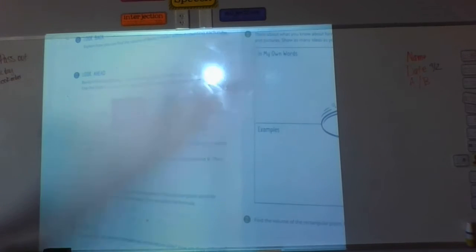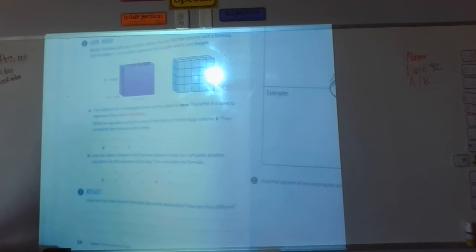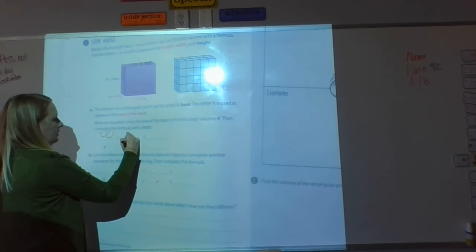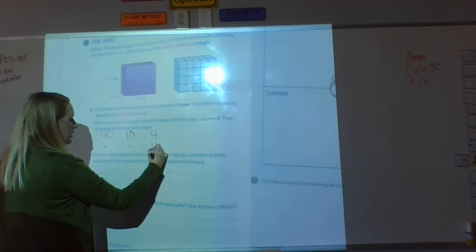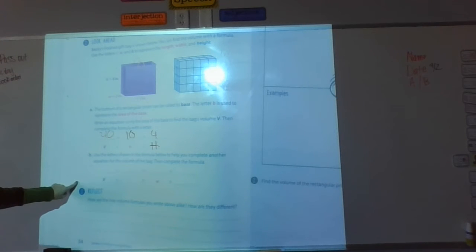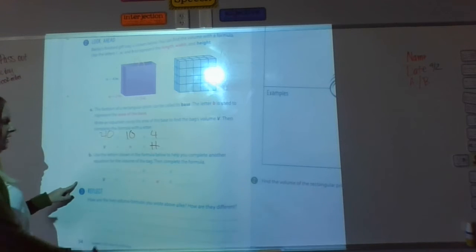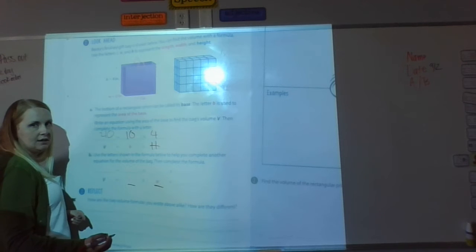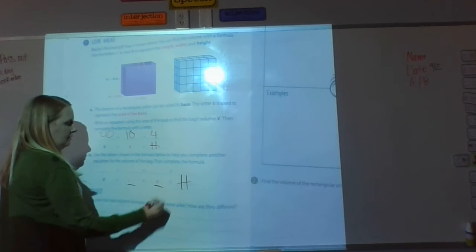Let's go ahead and go up here to section B. I'm going to fill this back in for us. Using the letters shown in the formula below, complete another equation for the volume of the bag. So we have length times width times what? What's missing? Our height.